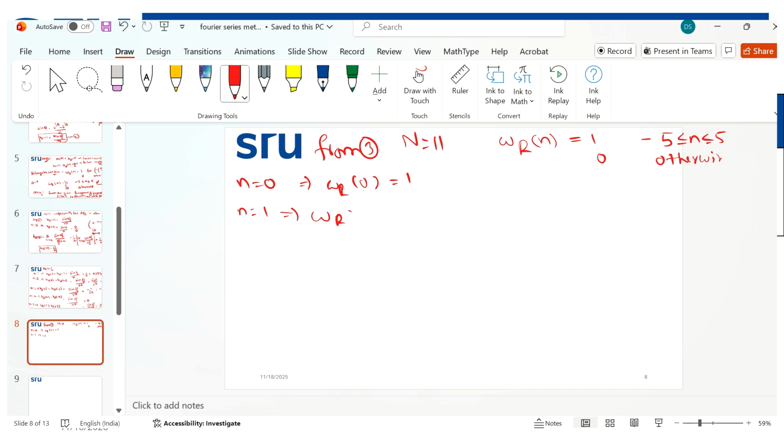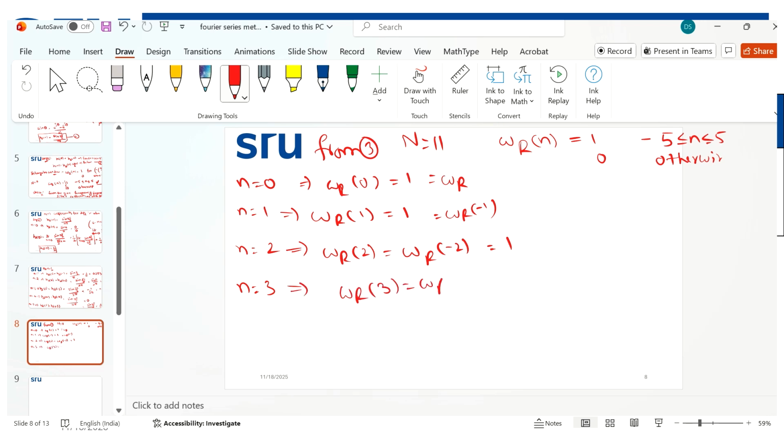For n equal to 1, WR of 1 is again 1, the same as WR of minus 1. If n is equal to 2, then WR of 2 is equal to WR of minus 2, equal to 1. For n equal to 3 or minus 3 it will have the same value. If n is equal to 4, then also it is the same value, because it does not depend on n. Throughout the n values from minus 5 to plus 5, the value is 1.